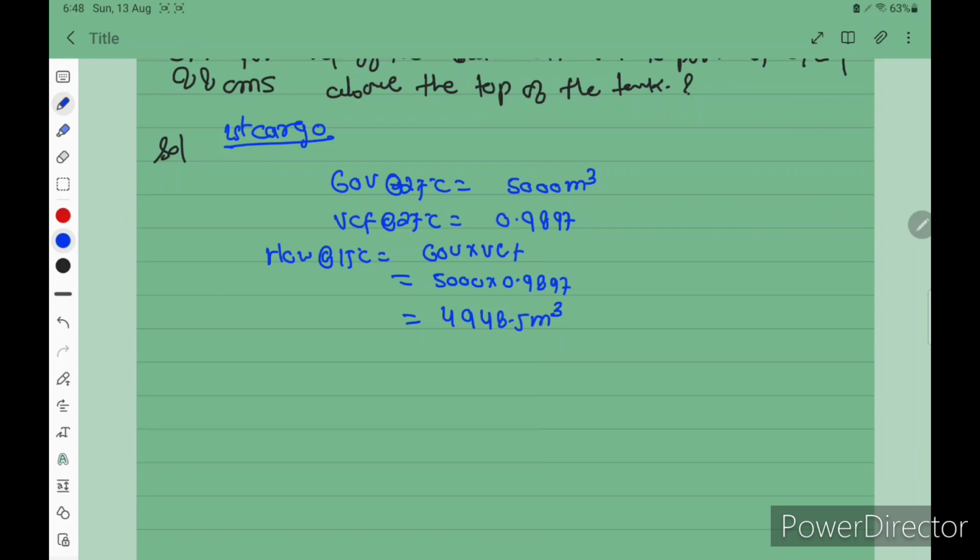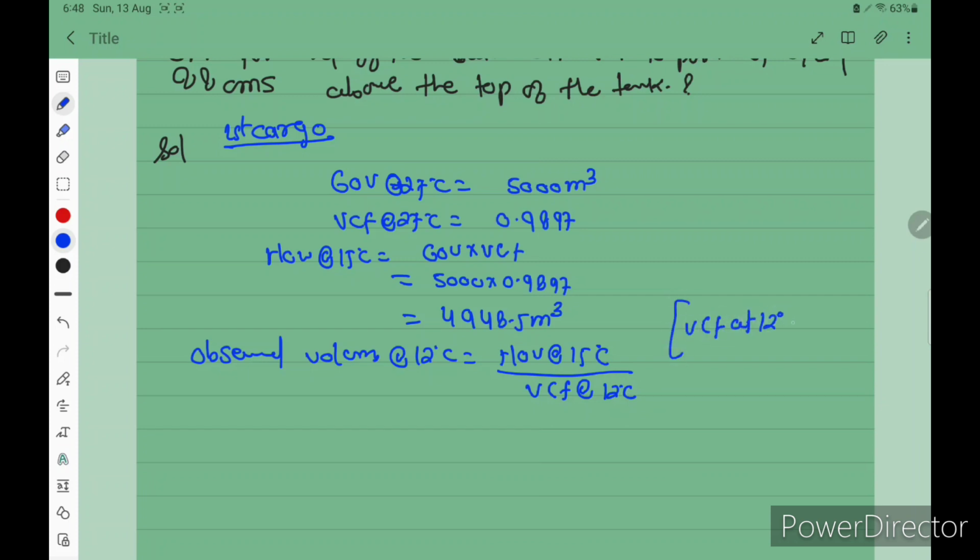Okay, now this is on 12 degrees centigrade, so we need to bring it to 12 degrees centigrade. So observed volume, or you can say GOV at 12 degrees centigrade, is equal to net observed volume at 15 degrees centigrade divided by VCF at 12 degrees centigrade. For that we have to calculate VCF at 12 degrees centigrade from ASTM tables.